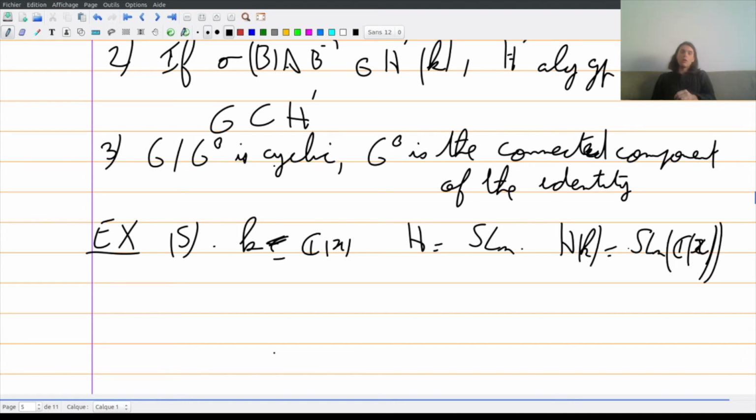So it's just a matrix having determinant 1 and coefficients in C of z. And imagine that, so let me take n equals 2. Imagine that G is a finite group.